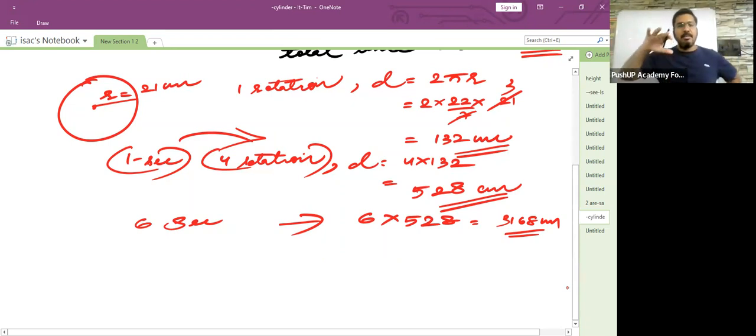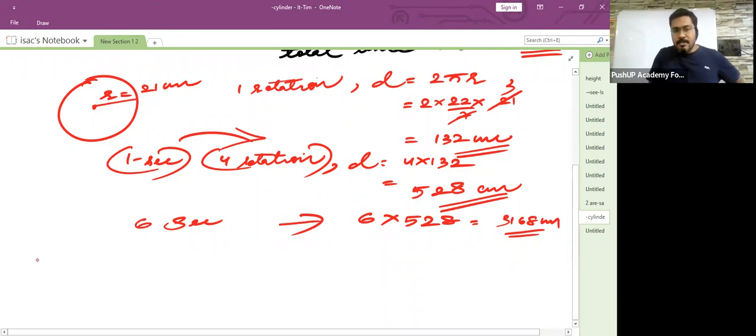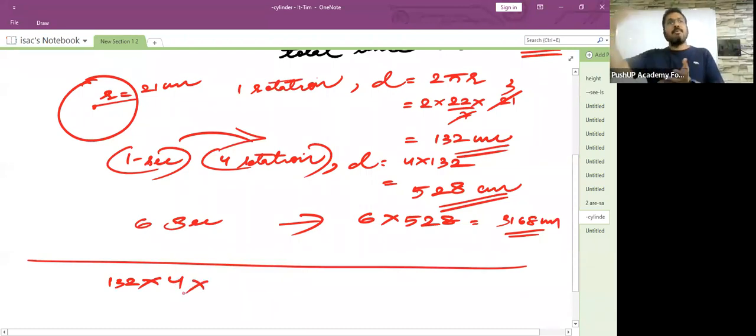This is the step-by-step way of solving the sum. Now, if you feel like solving this in one single step, you can do it. The distance covered in one rotation is 132, multiplied by the number of rotations in 1 second, which is 4. So you get 132 into 4. Now, the total number of seconds it traveled was 6.